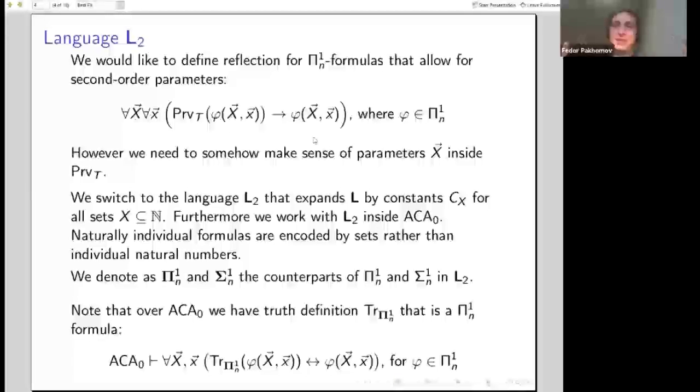In a sense, it's an uncountable language, and when we formally work inside second order arithmetic, it's basically a class-sized language. In the setting of second order arithmetic, formulas in this boldface L2 language will be coded by sets, because a formula in this language is just a first order formula together with a bunch of set parameters put inside it.